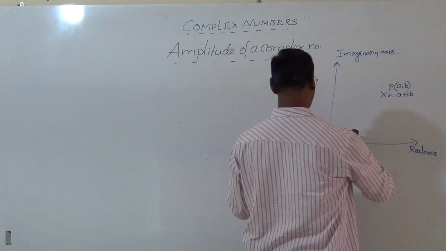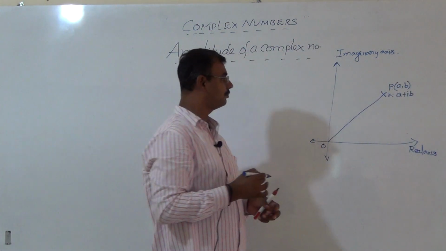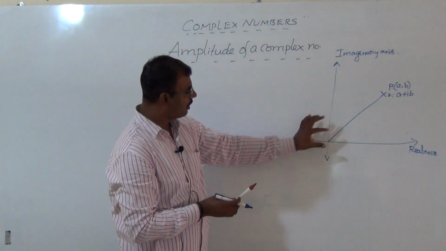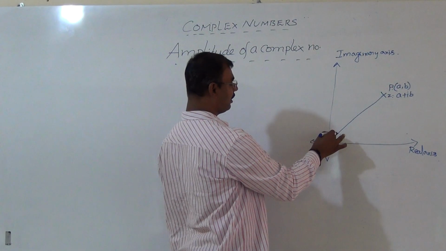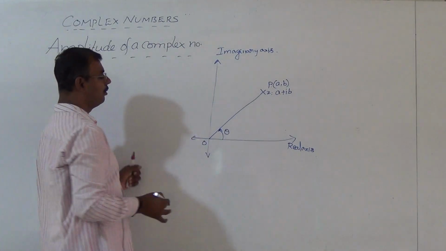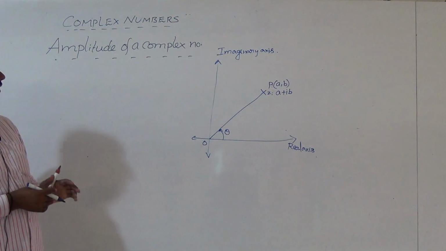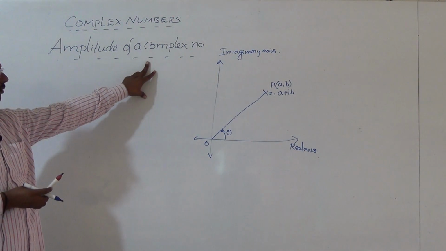Now join OP. These two are intersecting at the point O. So here an angle is formed. What is the angle? This angle is actually called the amplitude of a complex number.